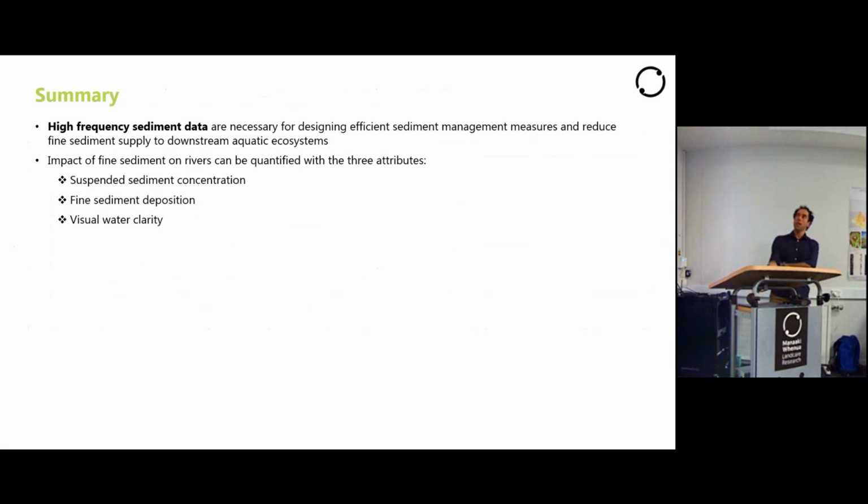In summary, high frequency sediment data are necessary for designing sediment management, and of course, not all of the councils can do the measurement in all the rivers, so you need the model to do that. And this model, when completed, can help to address the main questions. There are 3 main parameters that need to be measured in rivers: sediment concentration, sediment deposition, and visual clarity.